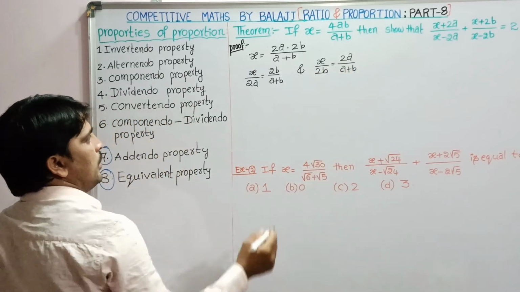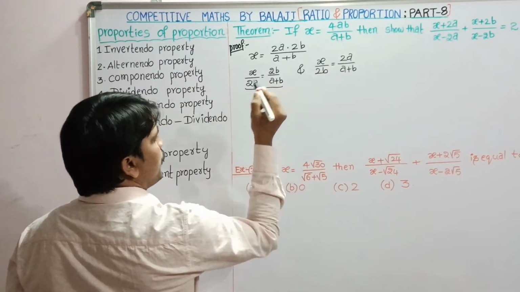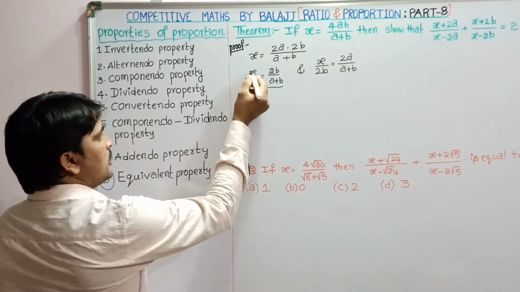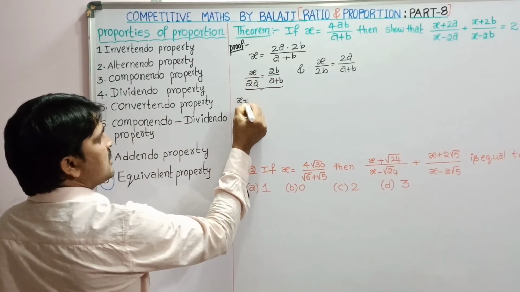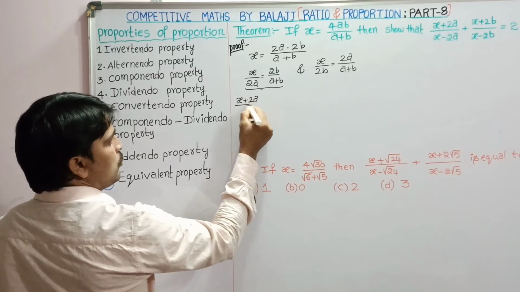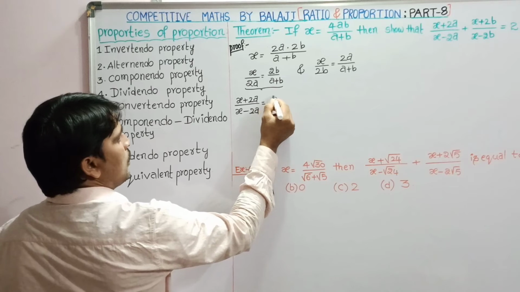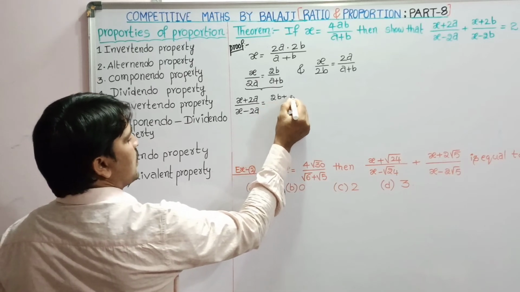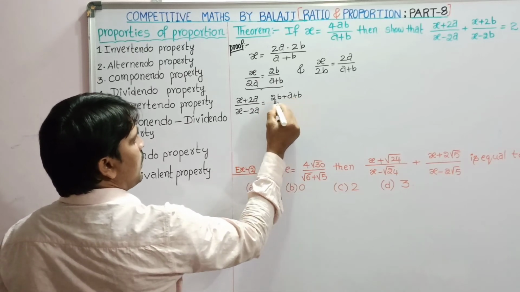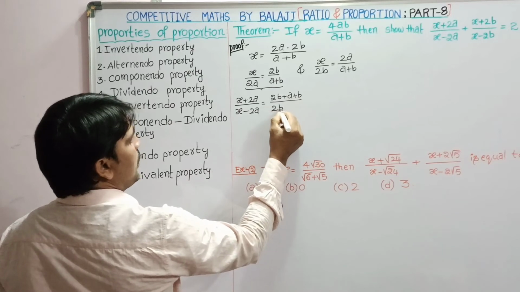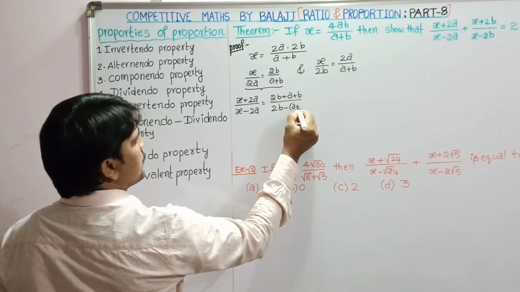Okay. Now perform the componendo dividendo property here. That is, numerator x plus denominator 2a by numerator x minus denominator 2a equals numerator 2b plus denominator a plus b by numerator 2b minus denominator a plus b.